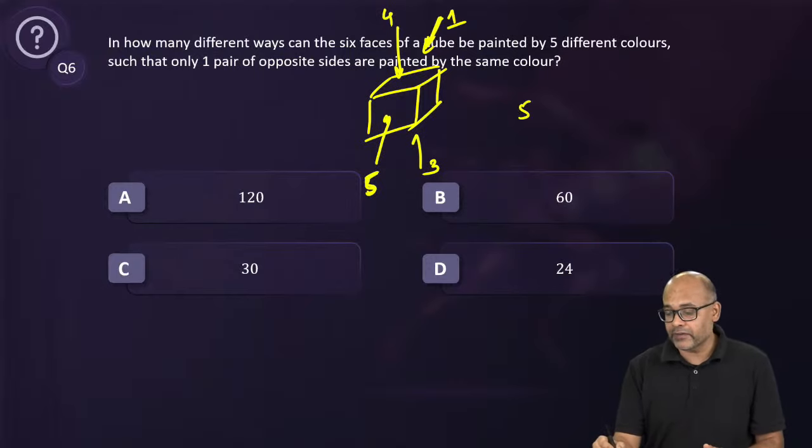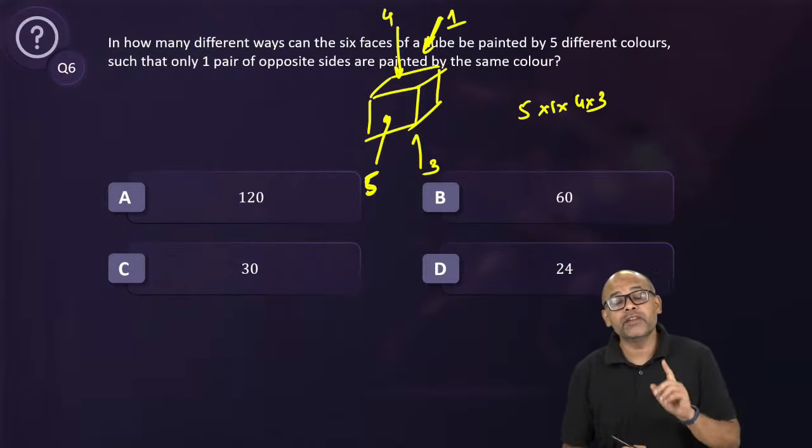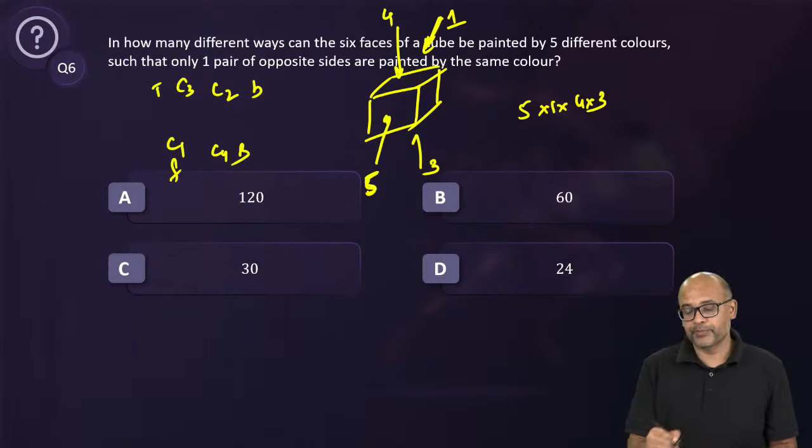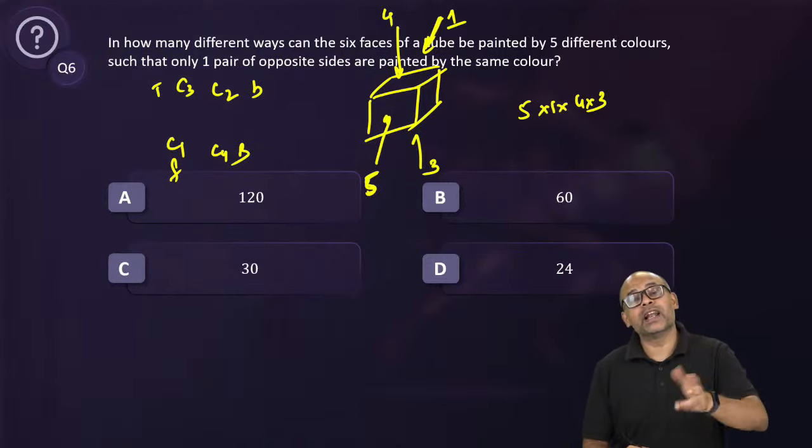So what did we have right now? 5 into 1 into 4 into 3. But remember, when you're dealing with a cube, imagine color 1, color 2 and color 3 on the top and color 4 on the bottom. So this is front, back, top and bottom. If I twist it, I'll get the same thing.